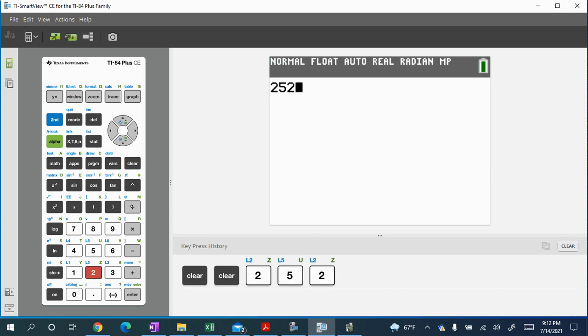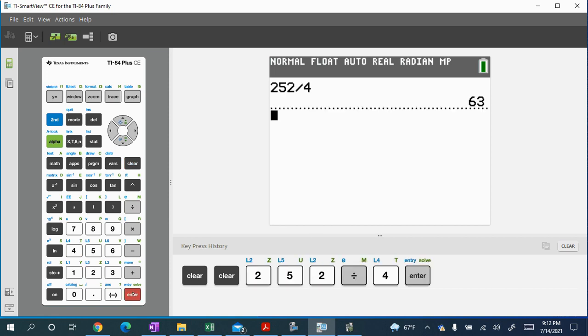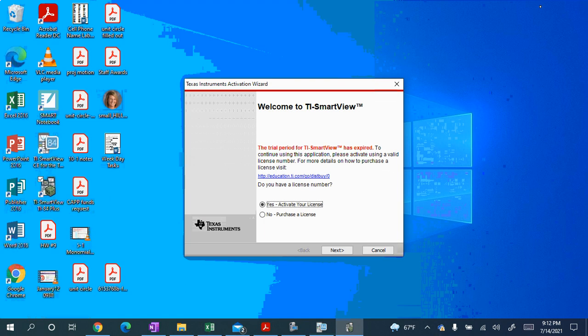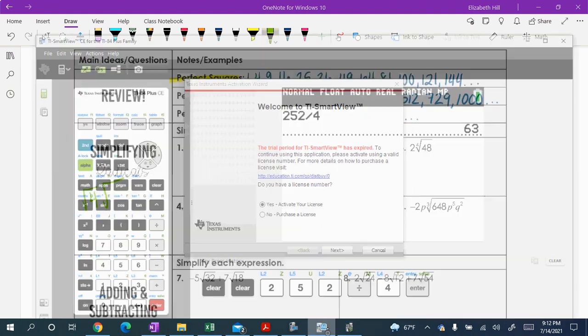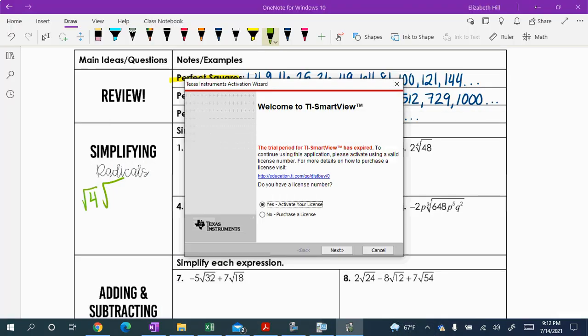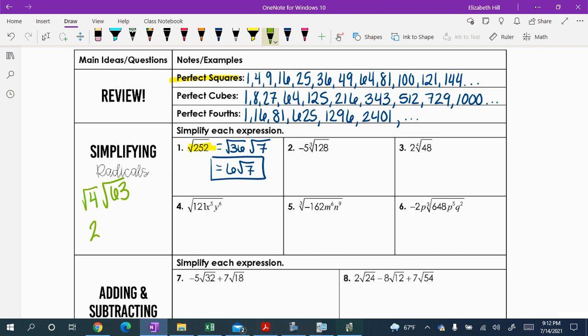So 252, if we were to divide that by 4, that would work and we get 63. So what some of us might do is say, well, 252 is divisible by 4. So we do 2 times the square root of 63. The problem is that 63 can get broken down even further, and that's where we start to run into problems. 63 we can break up into 9 and 7.